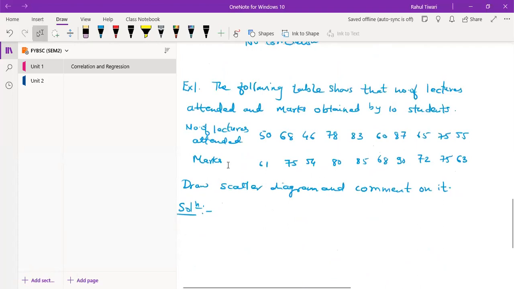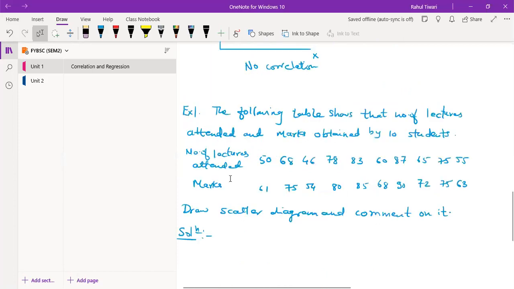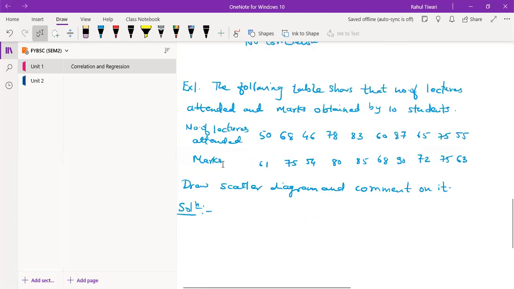Here you need to decide which is your dependent variable and which is your independent variable, because as I mentioned, y is the dependent variable and x is the independent. Which one is dependent on which one? Can anyone tell me?